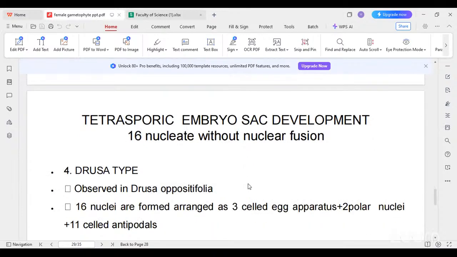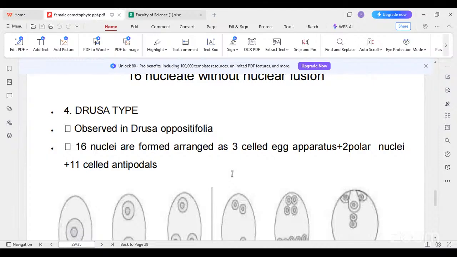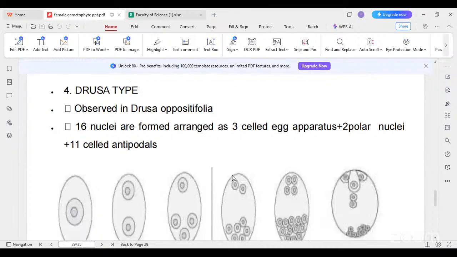Next one, tetrasporic embryo sac development, 16-nucleate without nuclear fusion. First one is the Drusa type, observed in Drusa appositifolia.